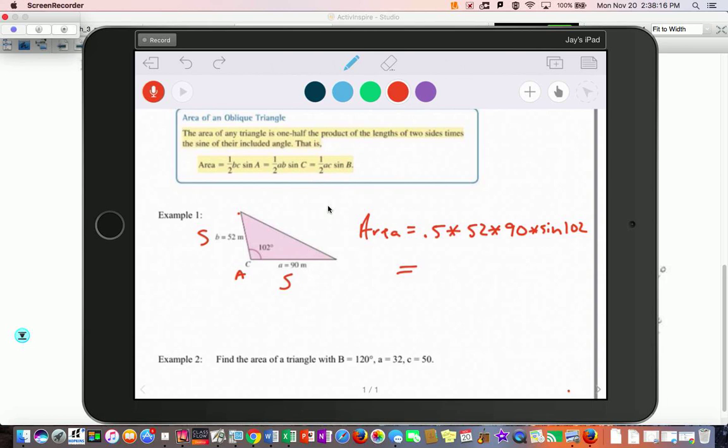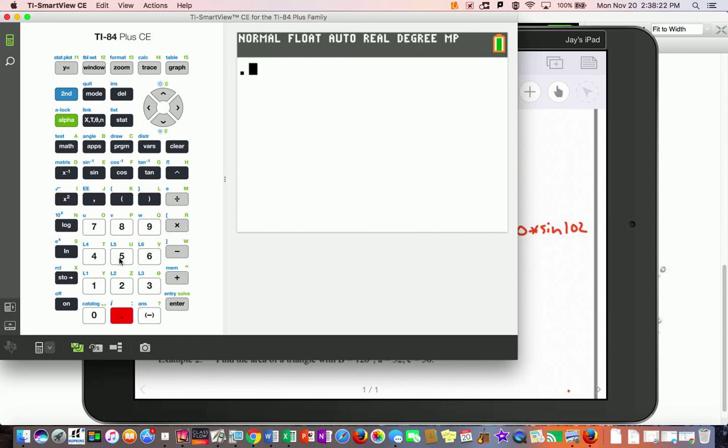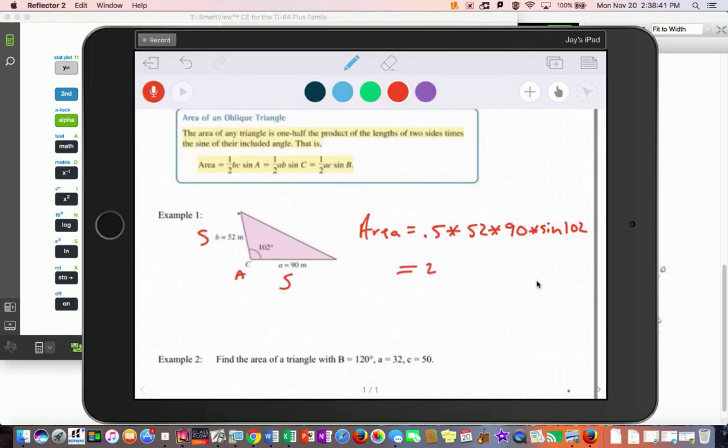So let's just go right to our calculator. 0.5 times 52 times 90 times the sine of 102. And I get 2288.87 meters squared.